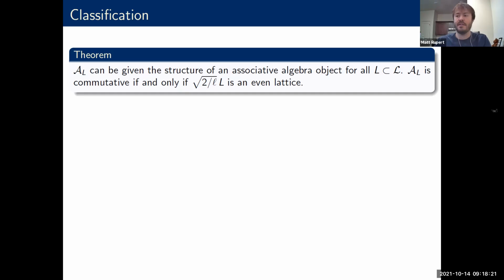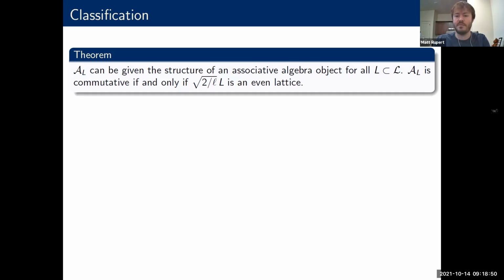And I guess I'll also point out that the algebra which realizes an equivalence with the triplet is of this form in the SL2 case. So for all choices of L, this object can be given the structure of an associative algebra, and it's commutative if and only if this rescaling of L is an even lattice.